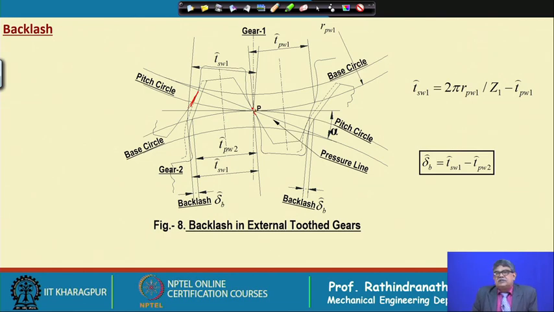Now, there should not be any harm if the gear is operating at those conditions, but due to the thermal expansion which will be there due to the friction or even an increase in temperature, the tooth thickness will increase a little bit and then the gear will jam.